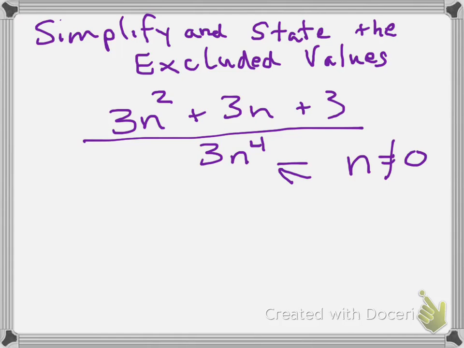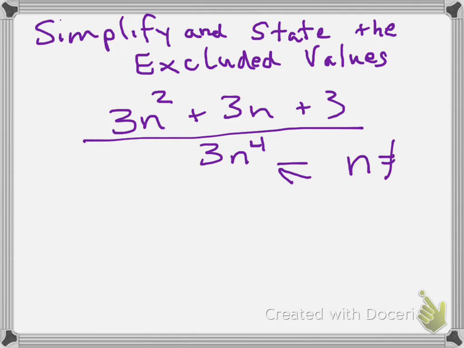0 can never be in the denominator, so whatever value will zero out the denominator, that's what the excluded value means. Now the simplify means, well, look at the numerator, look at the denominator. What is the one thing that they all share? They all share a 3. So we cancel, or a better way to do that, here, let me cross that out.